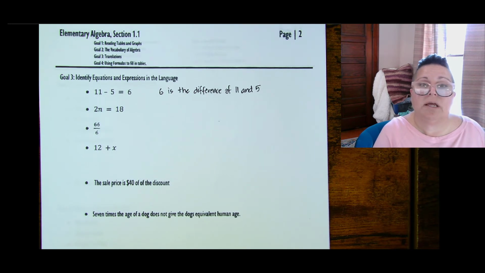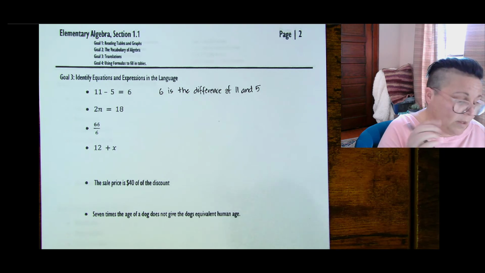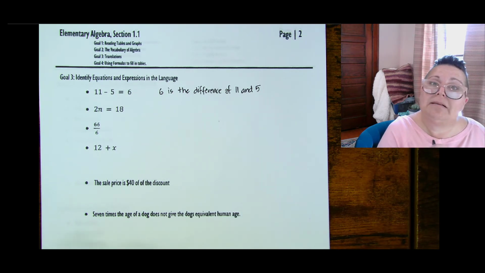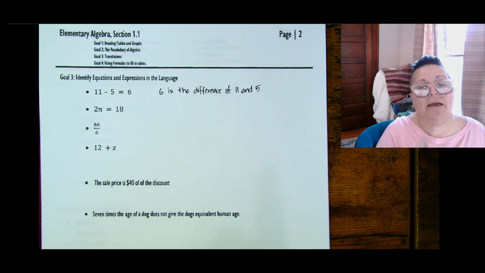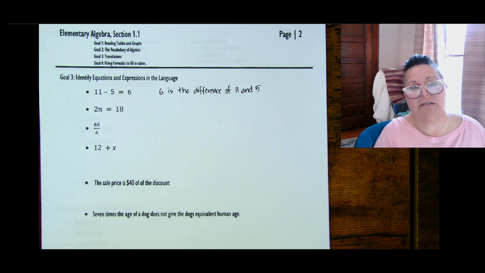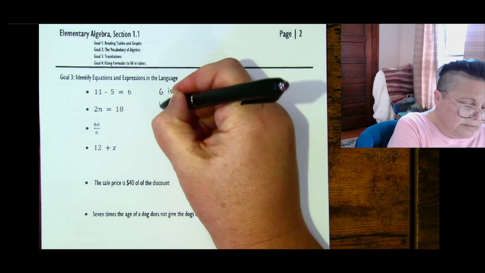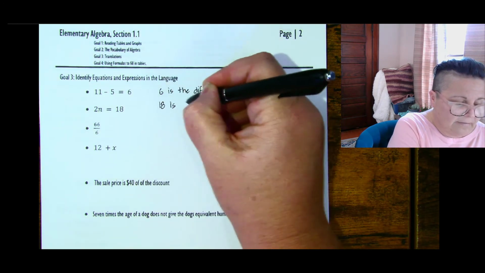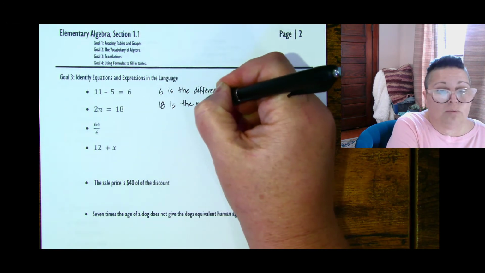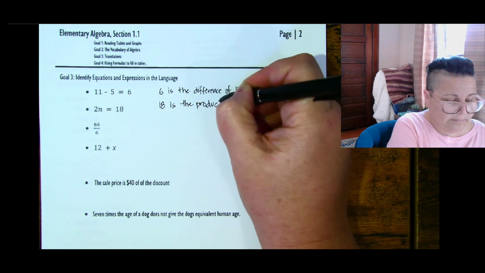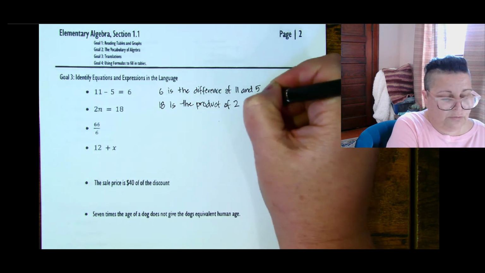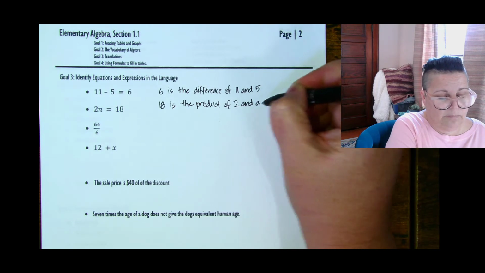Similarly, in the next one, we have equal to 18. Now, we're doing 2 and n, so those with no sign between them is multiplication. I should add that back in. One of the signs of multiplication is that there is no sign. So we would say this one as 18 is the product of 2 and a number.